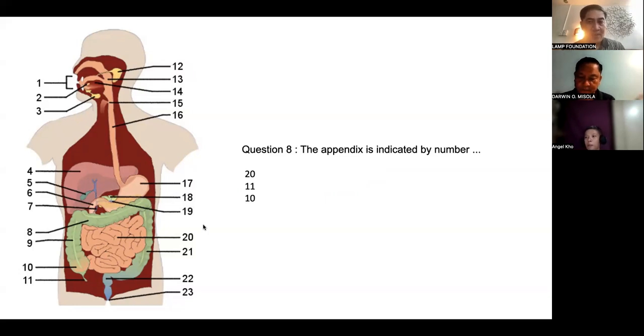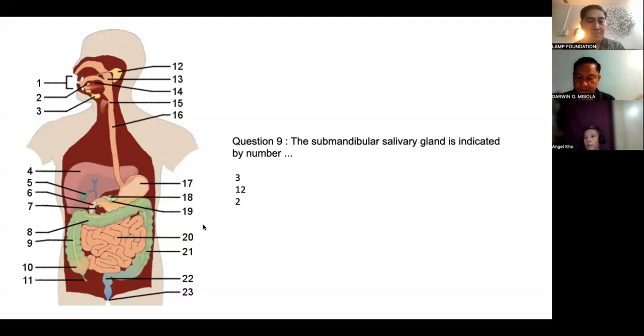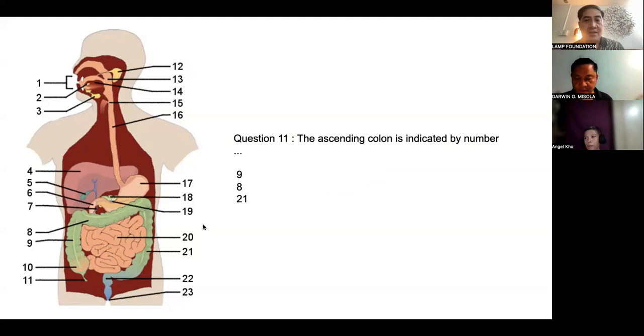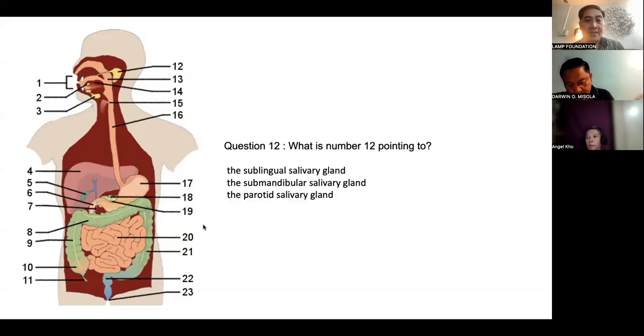The appendix is indicated by number 11 po. The submandibular salivary gland is indicated by number 3 po. What is number 4 pointing to? The liver po. The ascending colon is indicated by number 9 po. What is number 12 pointing to? The parotid salivary gland.